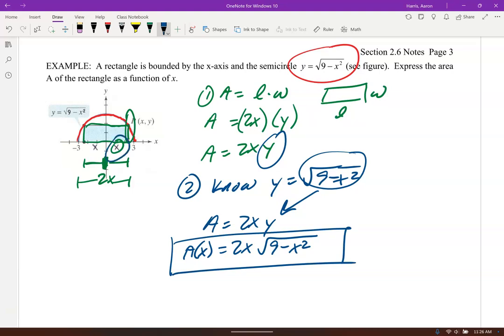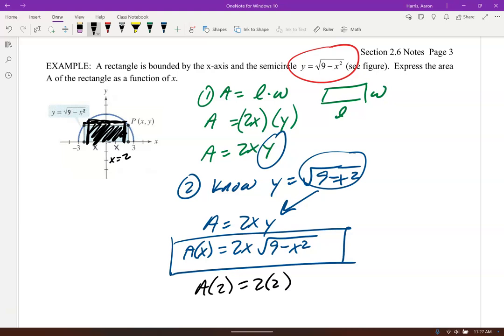So as long as you know x, how far out x you are, you can find the area. So for example, if I pick x to be 2, I go out 2, I'm up here, this is my rectangle if x is 2. I could find the area if I go out 2 units by plugging it in. I'd get whatever that number is.